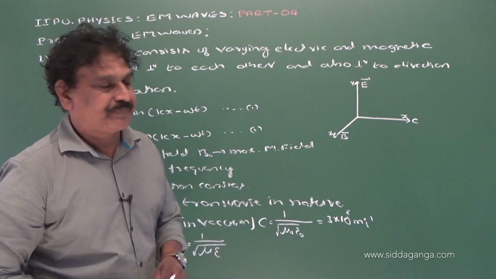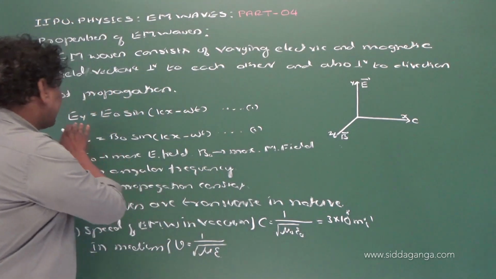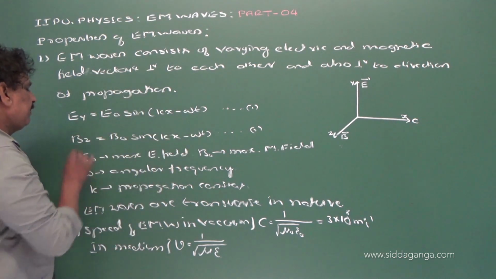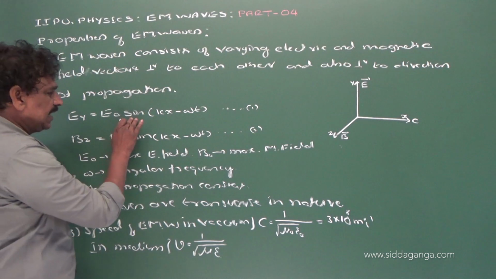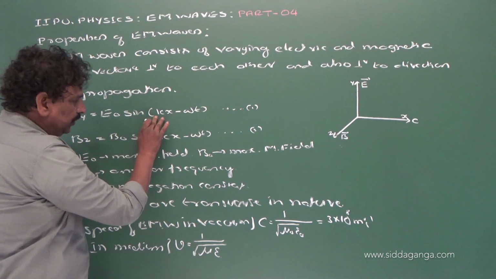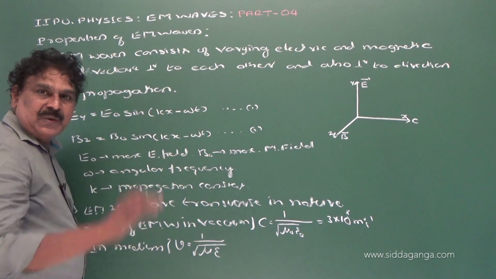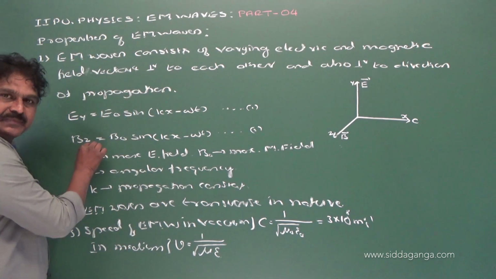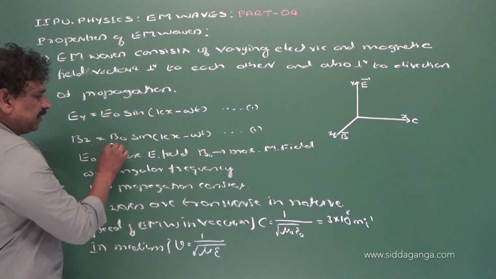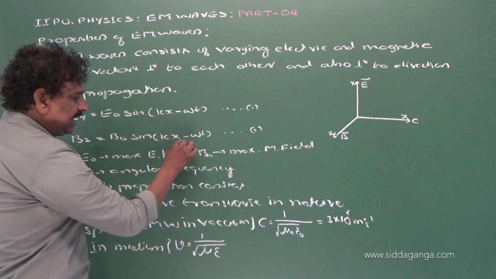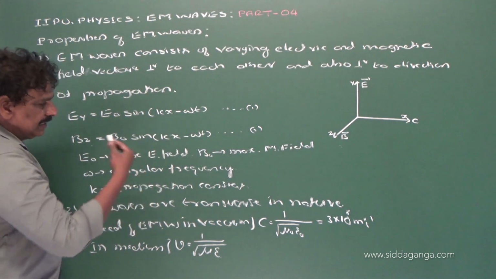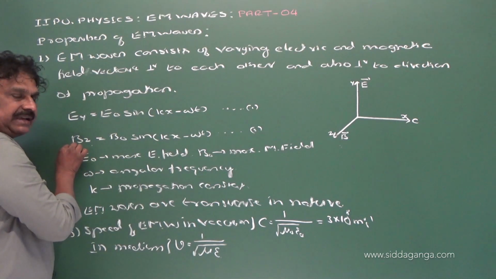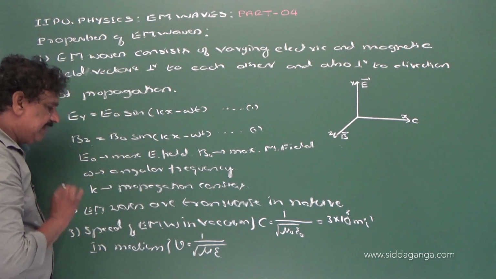In a similar way, the time varying electric field is given at any instant of time by Ey equals E naught sin(kx minus omega t), and the z component of the magnetic field is Bz equals B naught sin(kx minus omega t). This indicates that with time the magnetic field and electric field are both varying.